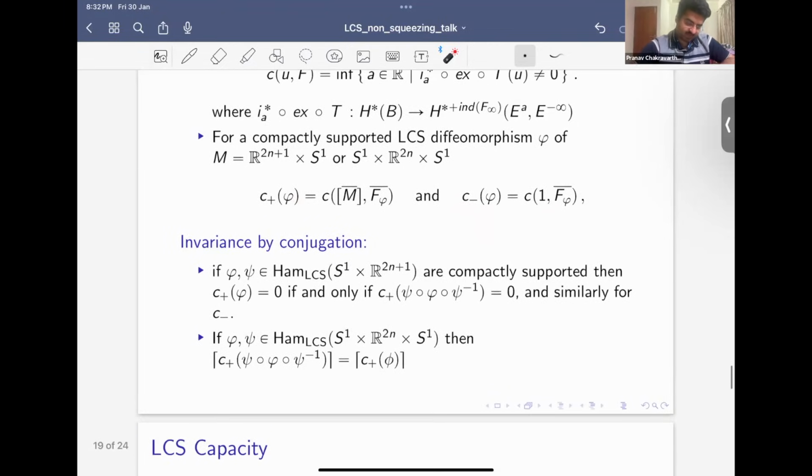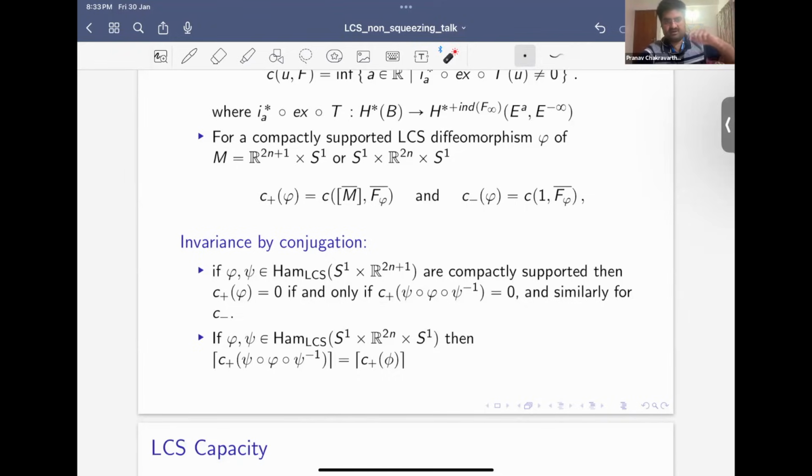So if I'm given two compactly supported Hamiltonian LCS morphisms of S^1 times R^{2n+1}, and I need to understand the spectral selector of the conjugation in terms of the spectral selector of phi, this is in general not possible, because under conjugation, translated points don't go to translated points.